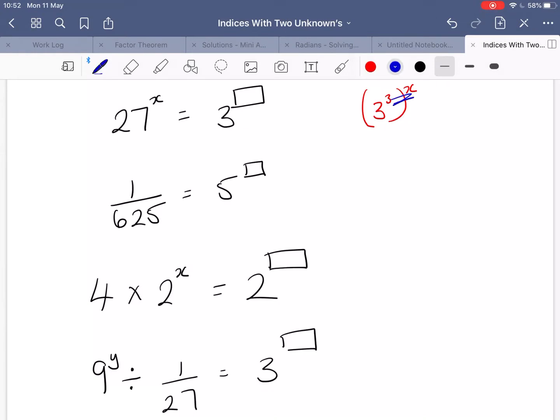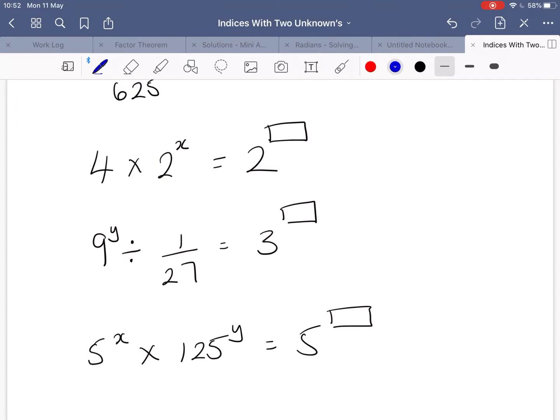What do I do with these indices? I multiply them, so I'd have 3 to the power of 3x. 1 over 625. Well, 625, again, remembering these powers that we need to learn, is 5 to the power of 4, so that would be 5 to the power of minus 4.